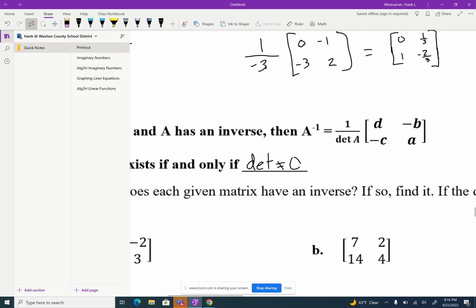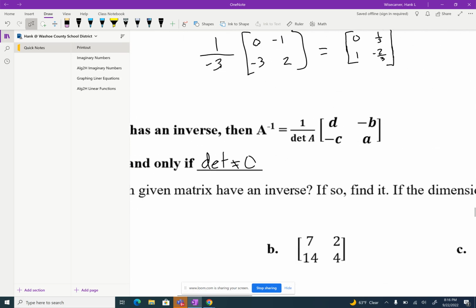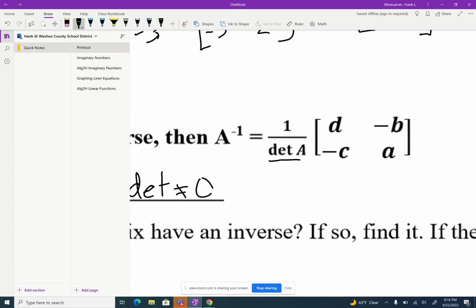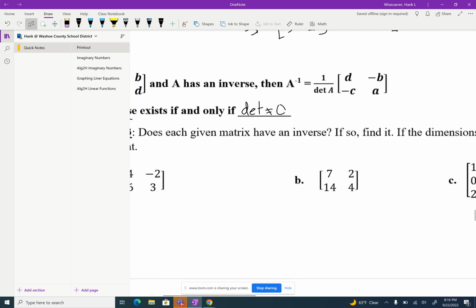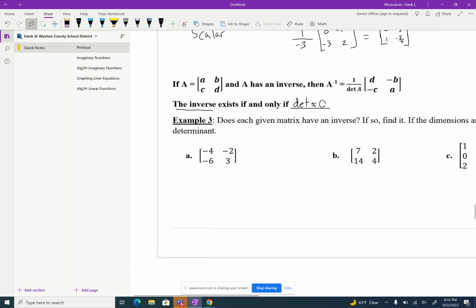Which makes sense because the determinant goes on the bottom and we can't divide by 0. We get an undefined answer and there's nothing we can do after that point. So, intuitively kind of makes sense there.